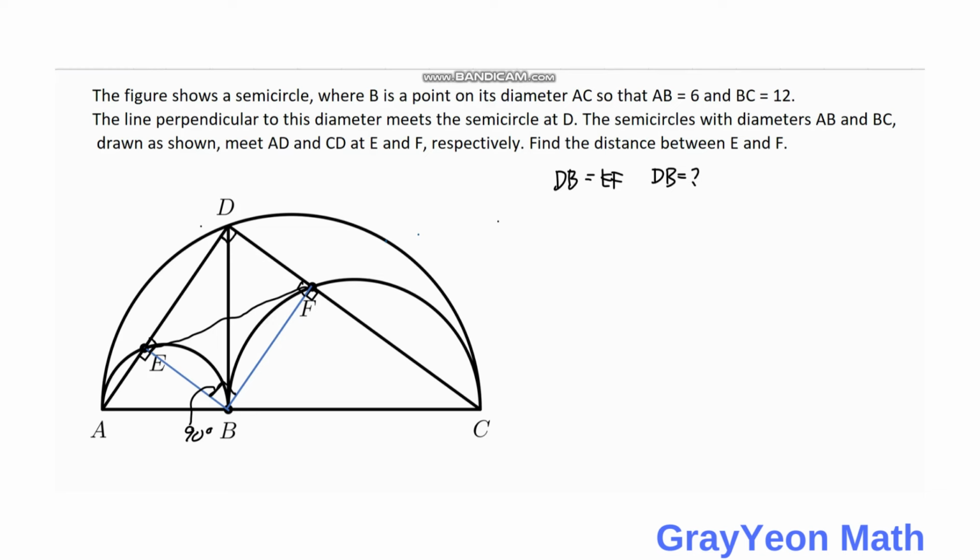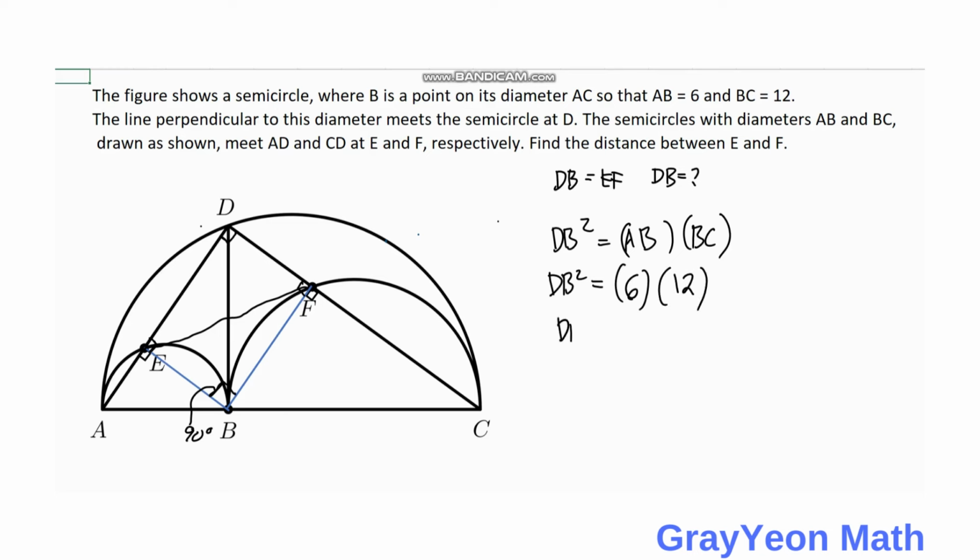Next, we need to find the distance DB. By using the altitude to hypotenuse theorem, we have DB squared is equal to the segment AB times BC. So DB squared is equal to AB, given as 6, times BC, which is 12.